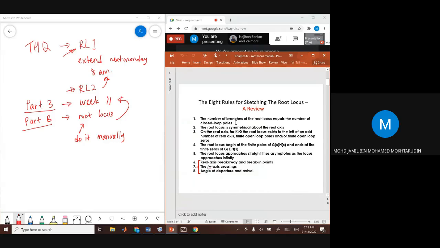If the feedback is unity feedback, then you can straight away obtain the poles and zeros from the forward transfer function. If the feedback is not unity, then you need to find the closed loop transfer function first, and then find the poles by assuming k infinity to get zeros and k equals 0 to get poles.